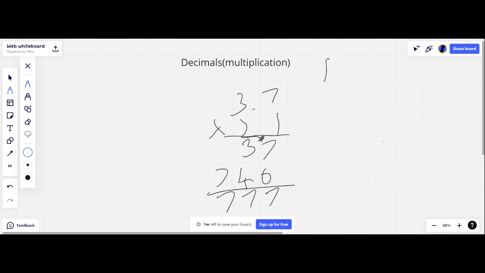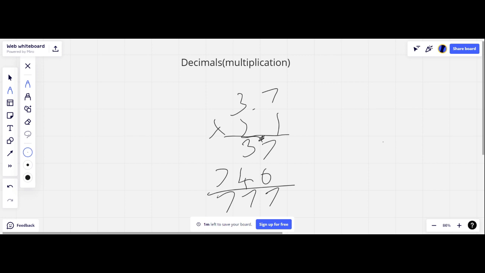In case you don't know, decimal places are the digits after the decimal point, like this and this, like 7 and 1 in this case. So let's count them. 7 and 1. That's 2 decimal places in total.